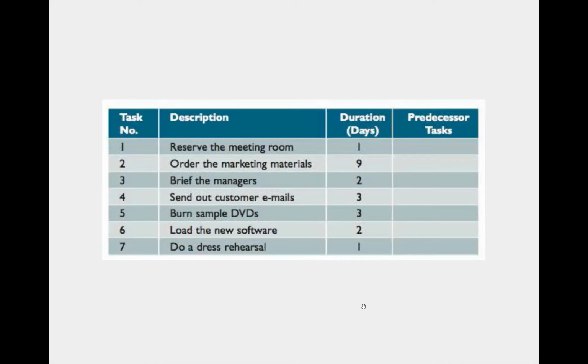Task 2, you are going to order the marketing materials. It might take some time, so here it says 9 days. Then you are going to brief the managers 2 days, send out custom emails 3 days, burn sample DVDs 3 days, load the new software 2 days, and do a dress rehearsal 1 day.